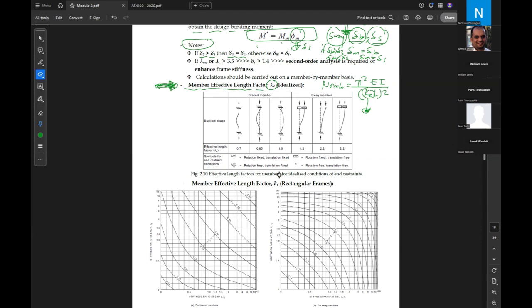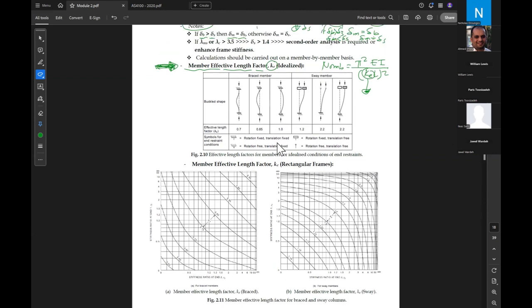I think you might have seen this before. For a braced member, we have three cases because the column can be fixed end or pin end. If both fixed, KE is 0.7. If both pinned, we have 1.0. If one fixed and one hinge, we have 0.85. So this is for a braced frame.